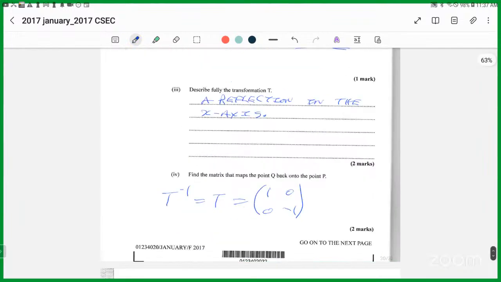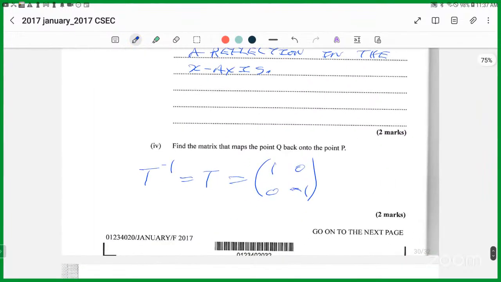That's because the inverse of a reflection is the same reflection.